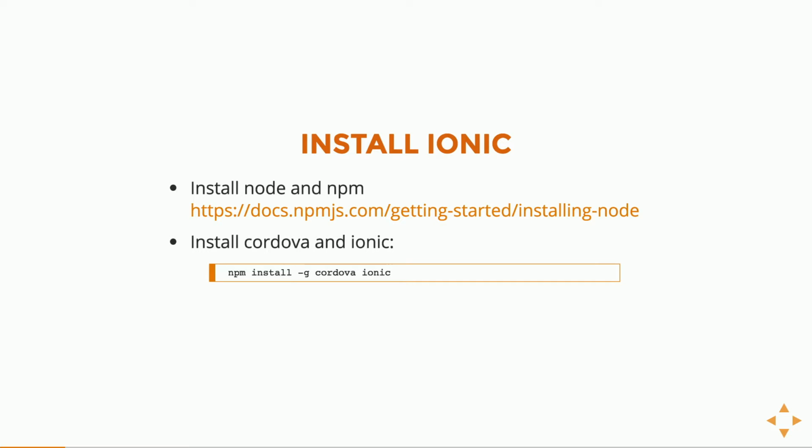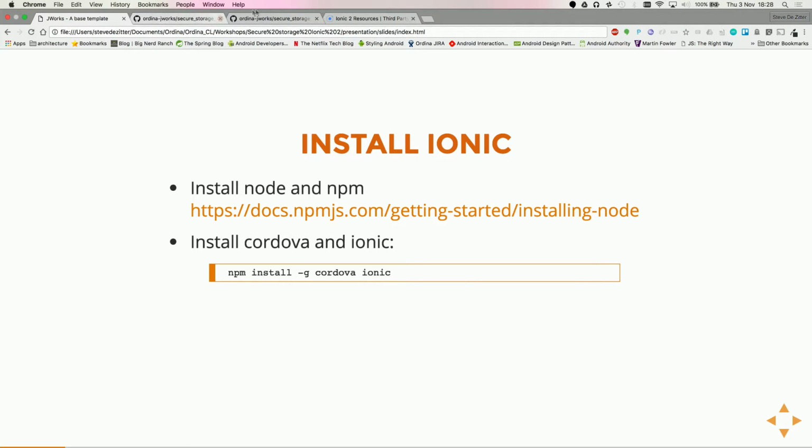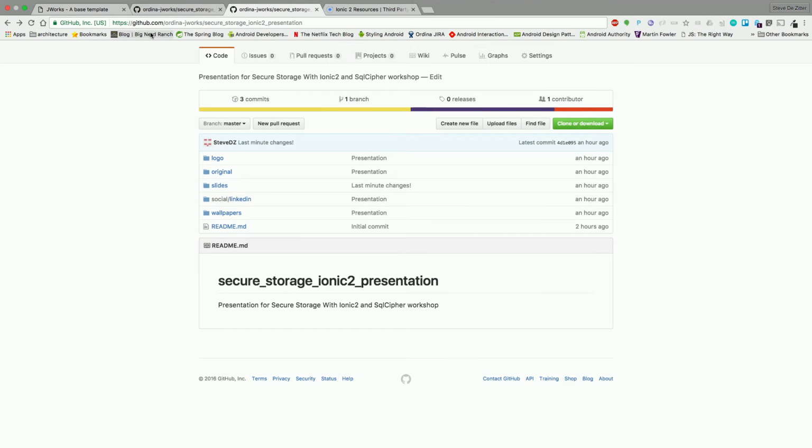Click on that link. Maybe I should show you where the presentation is, then you can follow along. Might be easier to click on that link. I don't know if you can see this. github.com/ordina-jworks/secure_storage_ionic2_presentation.